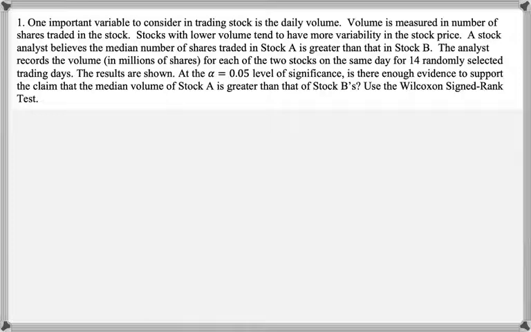The results are shown. At alpha equal to 0.05 level of significance, is there enough evidence to support the claim that the median volume of stock A is greater than that of stock B? Use the Wilcoxon signed rank test.